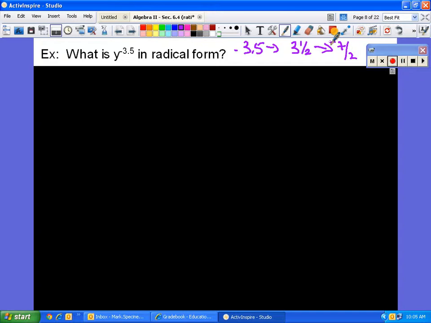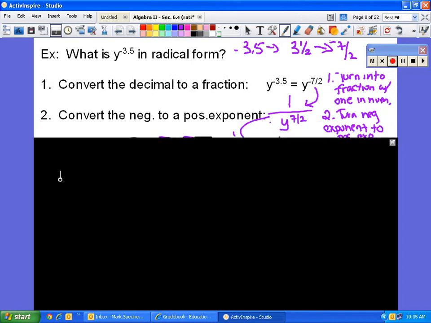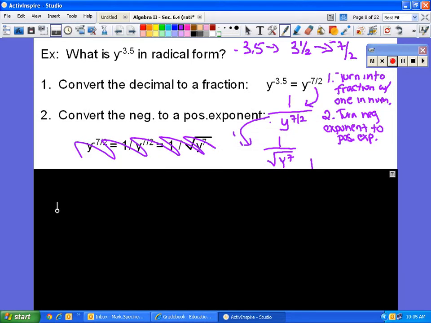Once I have my negative fraction, rule number 2 is we don't deal with negative exponents. So what I have to do is convert this negative 7 over 2 exponent. We do 2 steps. Number 1, we take our value and turn it into a fraction with 1 in the numerator, so y to the negative 7 over 2 becomes 1 over y to the negative 7 over 2.